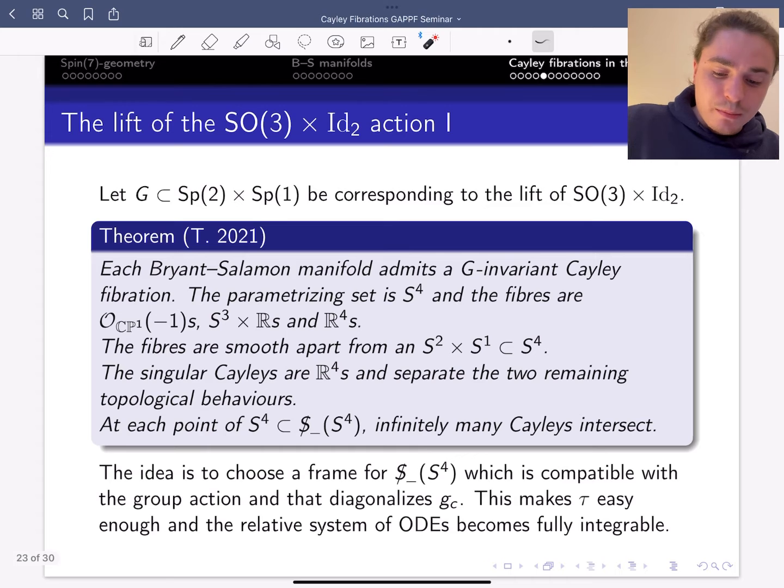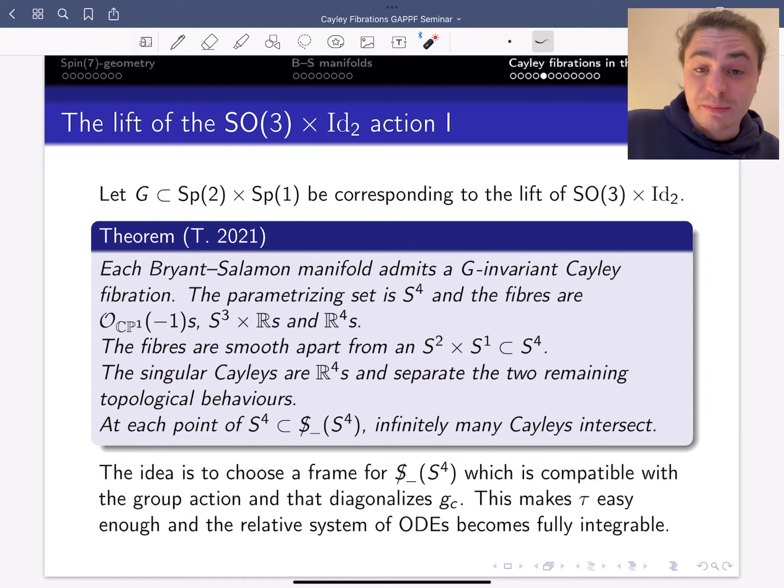Given such a G, we have the following theorem, which is going to be much clearer from the last slide of this block. The theorem goes as follows. Each Bryan and Salamon manifold admits a G-invariant Cayley fibration, and the parametrizing set is S4, and the fibers are of topology R4, S3 times R, or the O_CP1(-1).